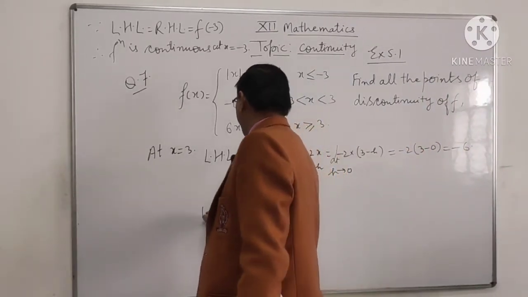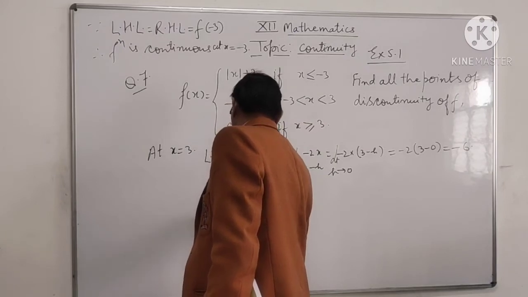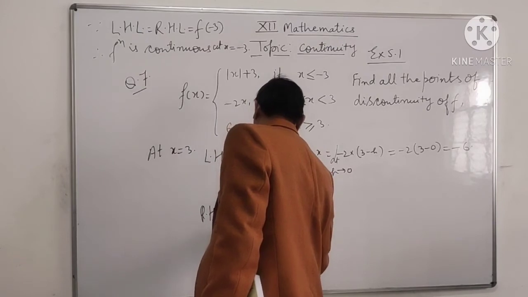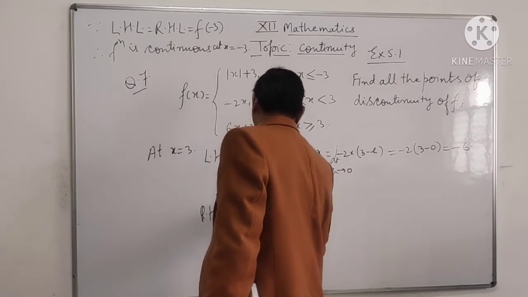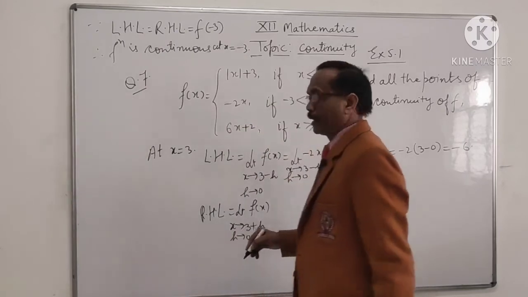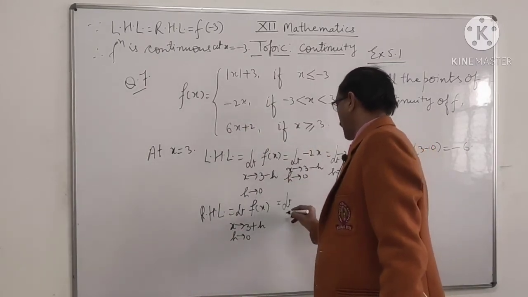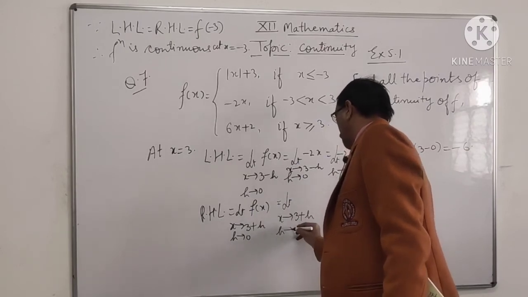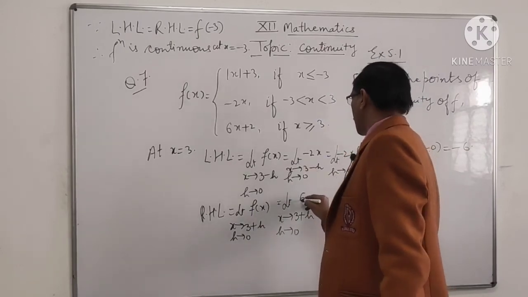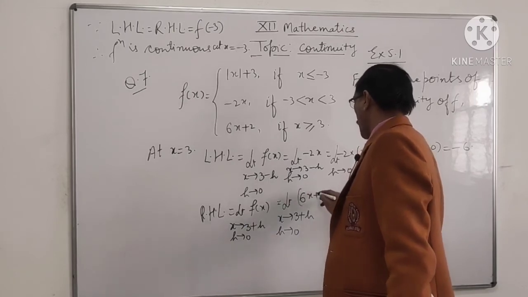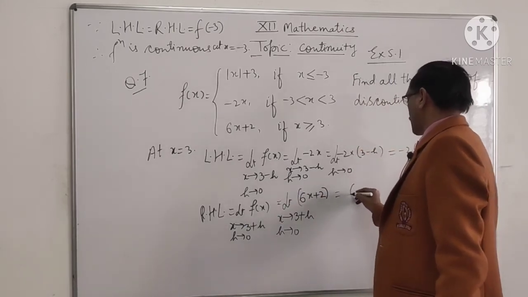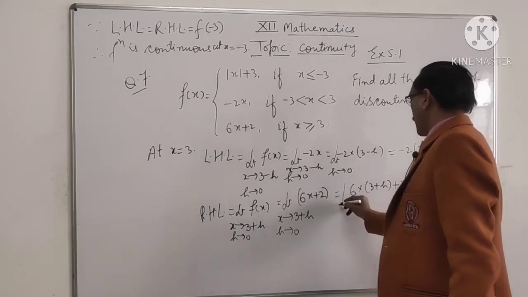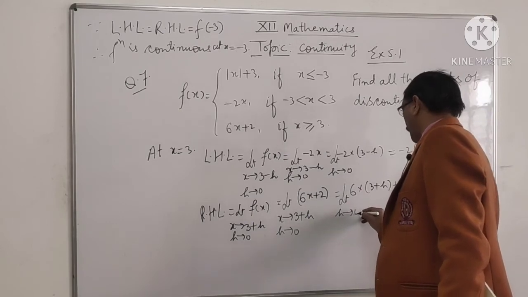Then the right hand limit, x tends to 3 plus h, h tends to 0, of f(x). The function is 6x plus 2. Then it is 6 into 3 plus h plus 2 and limit h tends to 0.